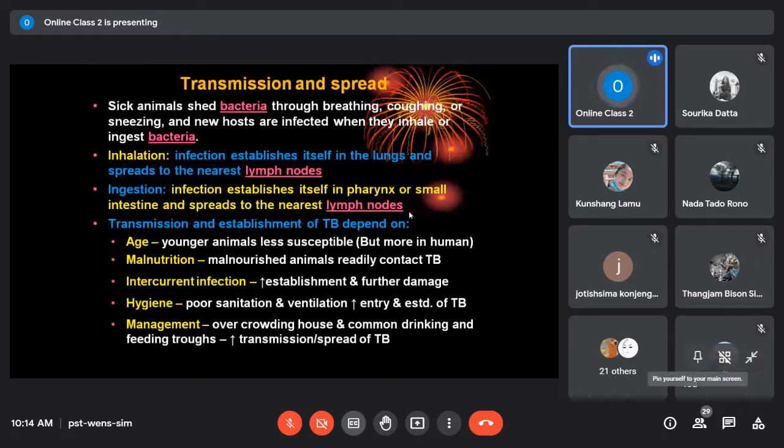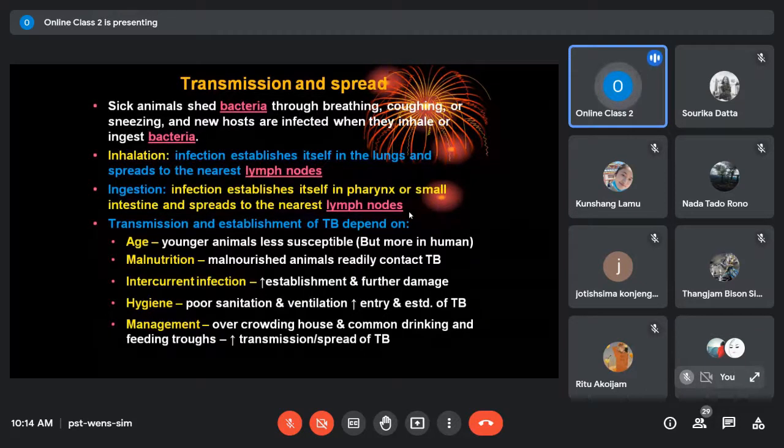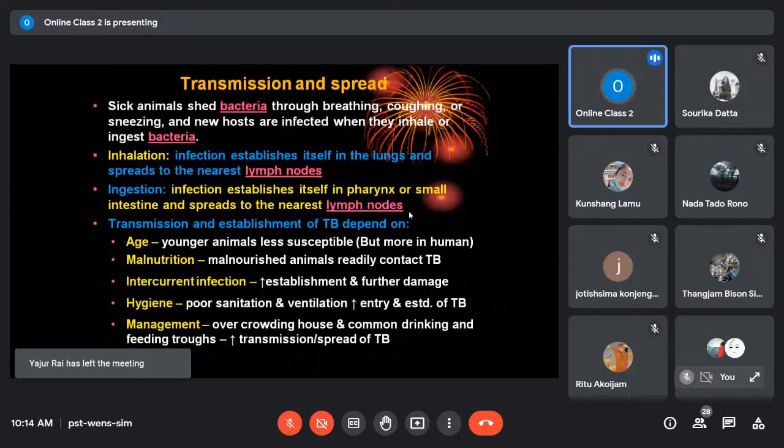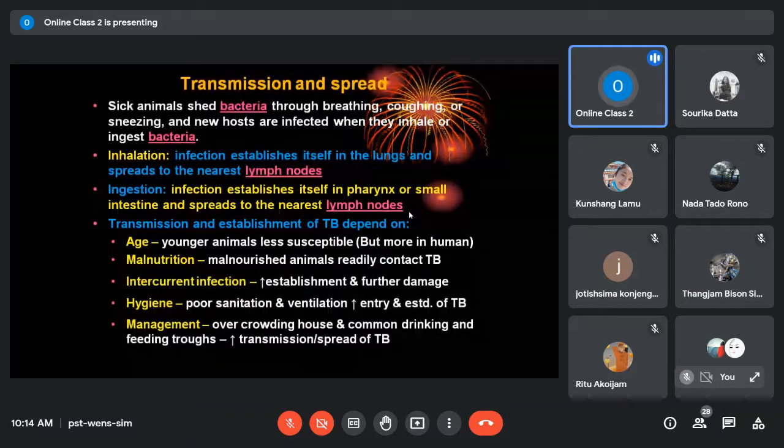The establishment of this disease may depend on some factors like age. Number one, younger animals are less susceptible in case of animals, whereas in humans it is more.